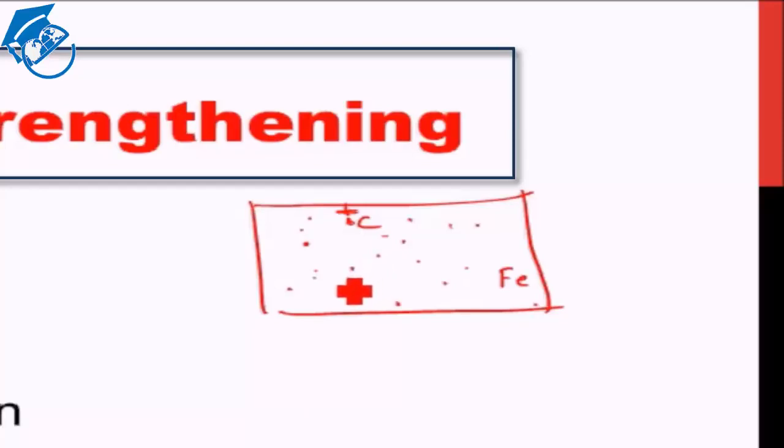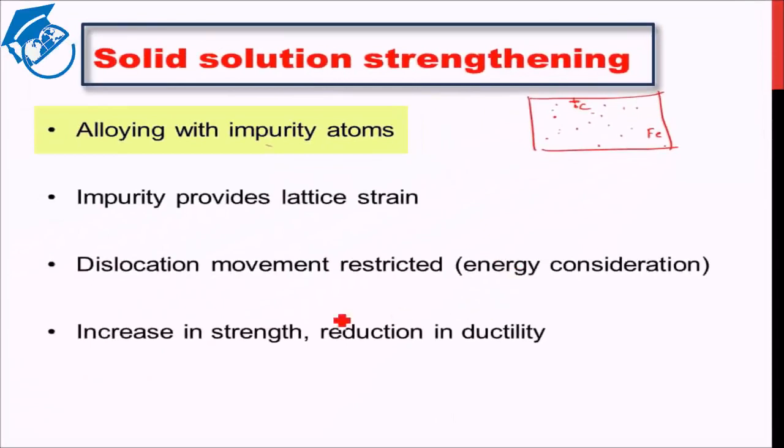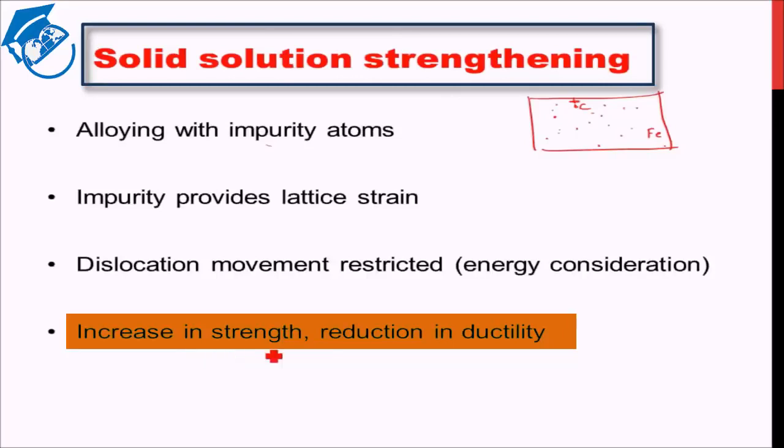So either there is a pinning down of the dislocation or there is a repulsion of the dislocation, and both of these lead to an increase in the stress requirement for the dislocation to move, thereby strengthening takes place by solid solution. The alloying impurity atoms lead to strengthening. Okay, the increase in strength and reduction in ductility is the result of solid solution strengthening.